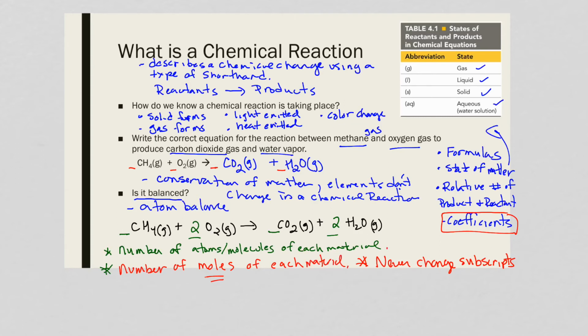Since we typically will deal with large quantities and we quantify using the concept of moles, these coefficients give me the ratio of moles, right? They say that 1 mole of methane needs to react with 2 moles of oxygen to give me 1 mole of carbon dioxide and 2 moles of water. Okay, so now we hopefully have the basics of balancing equations. Let's do a couple practice.